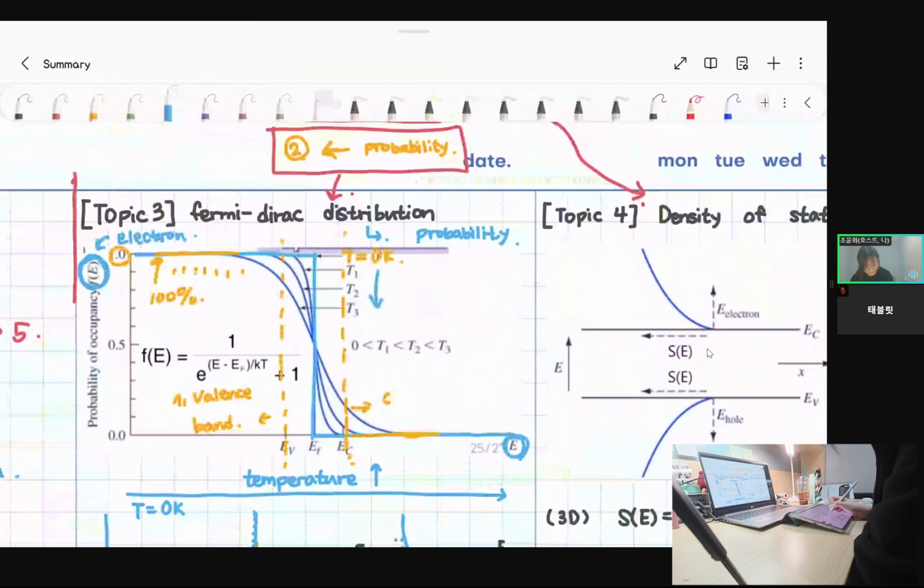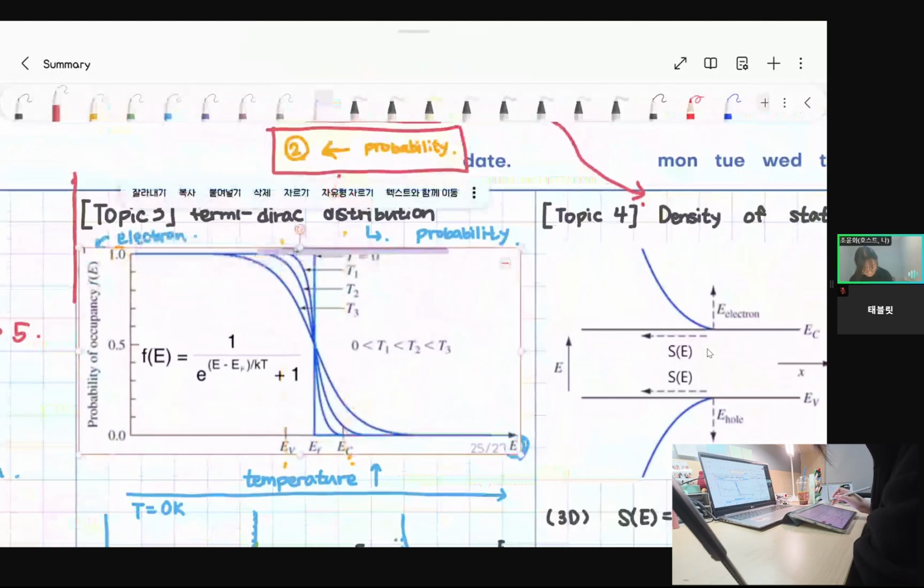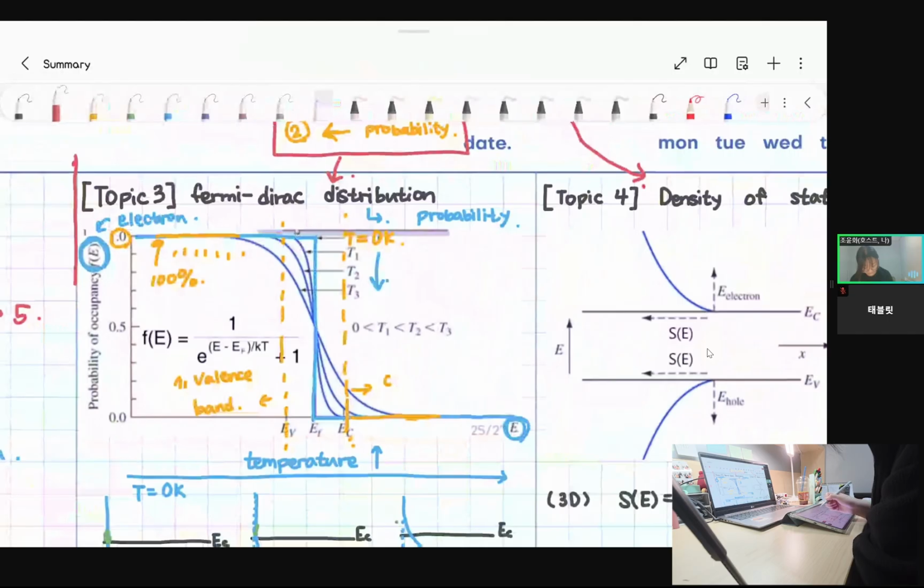But as the temperature goes up, it means the thermal energy gives some energy to the electrons, so the graph changes. Let's look at this position.